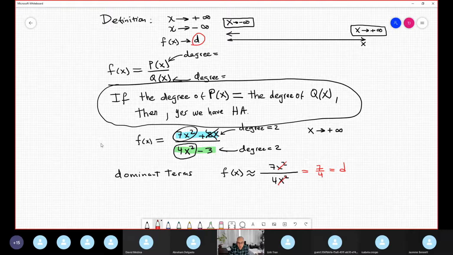I can affirm that the function has a horizontal asymptote at y equals 7/4, because it's a horizontal line. Do you follow me?